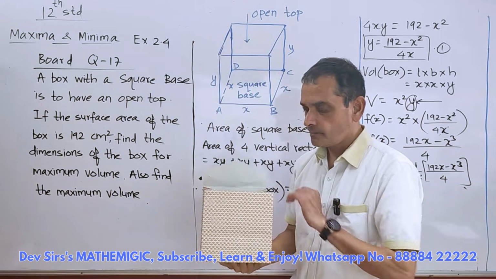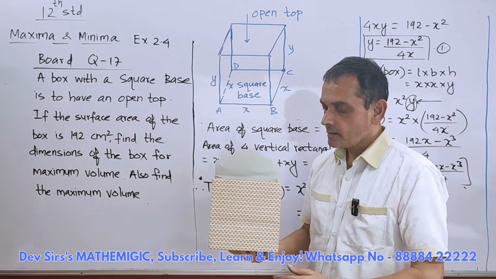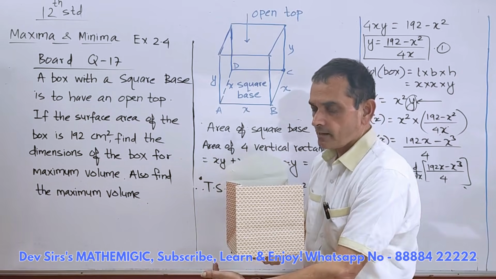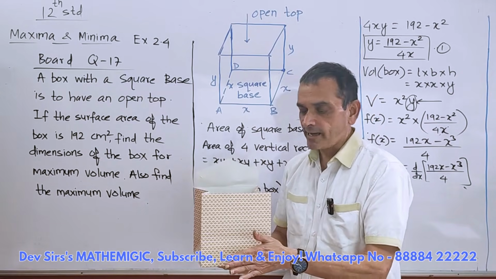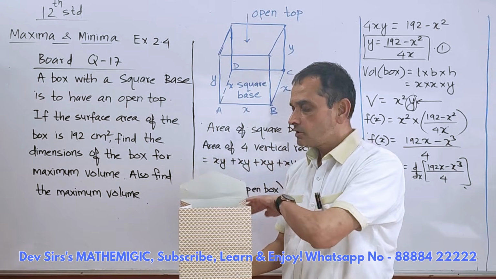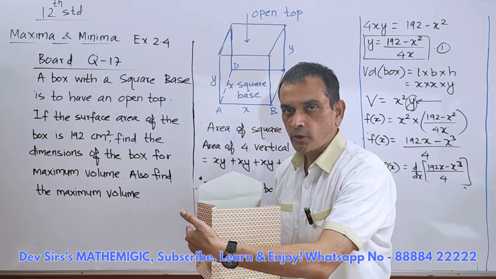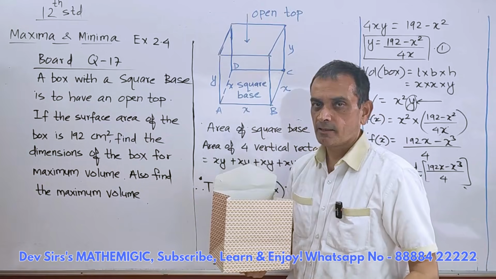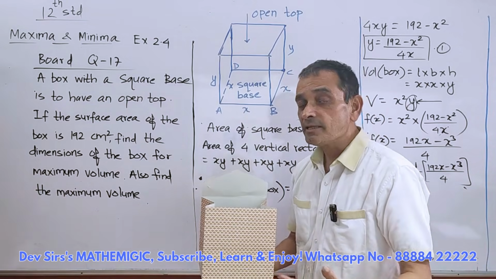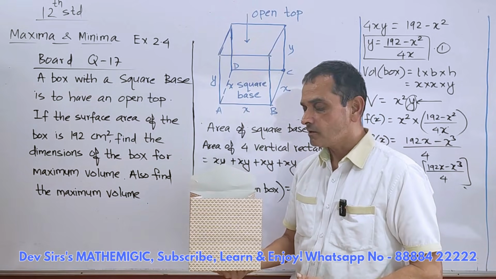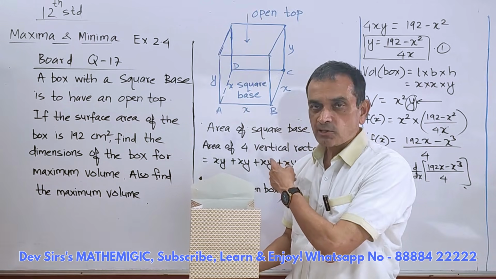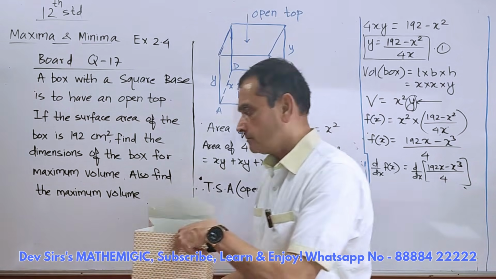Like this. Okay. This base is square. And you have 4 rectangles. 1, 2, 3 and 4. Okay. 4 rectangles are present. So, let us see now what is the total surface area. Okay. First I will show over there, then I will come back over here.